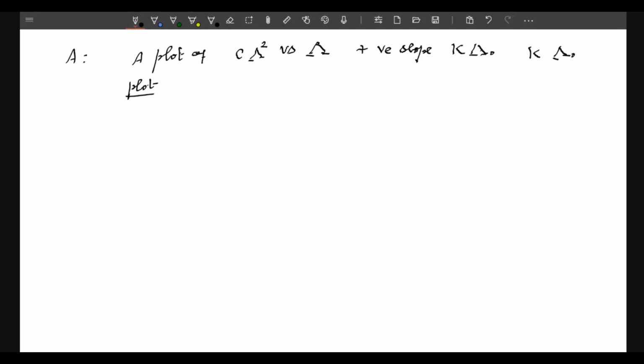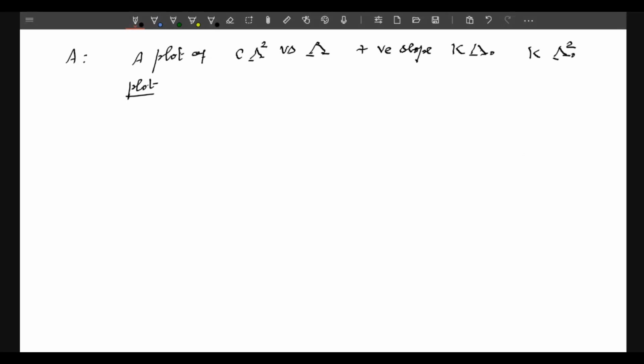A. A plot of C lambda square versus lambda gives a straight line with a positive slope equal to K into lambda naught, and an intercept equal to K into lambda naught square.